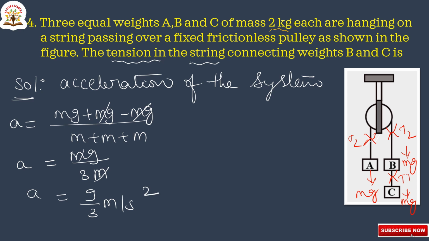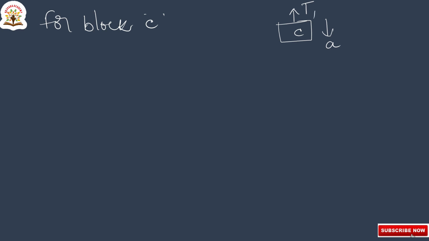Now next we are calculating for block C. See, this is the block C we are taking, and acceleration here, upward force tension T1, downward force gravitational force, that is mg. So T1 is equal to m of g minus a.